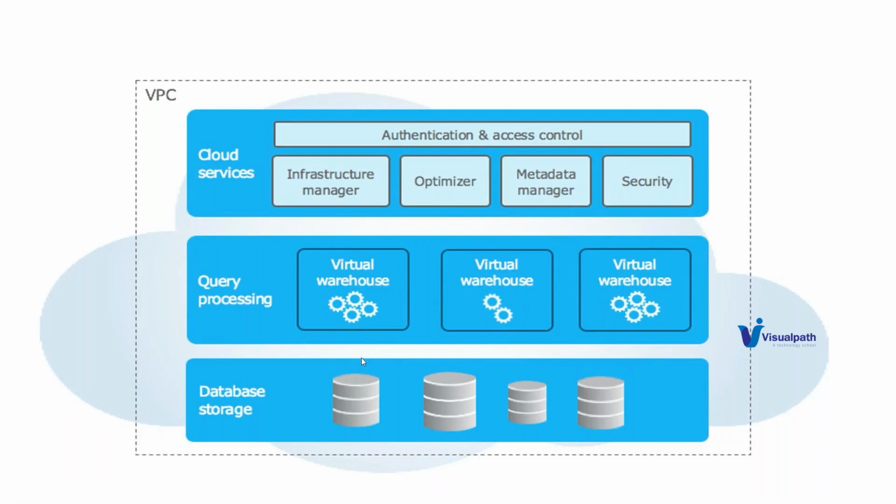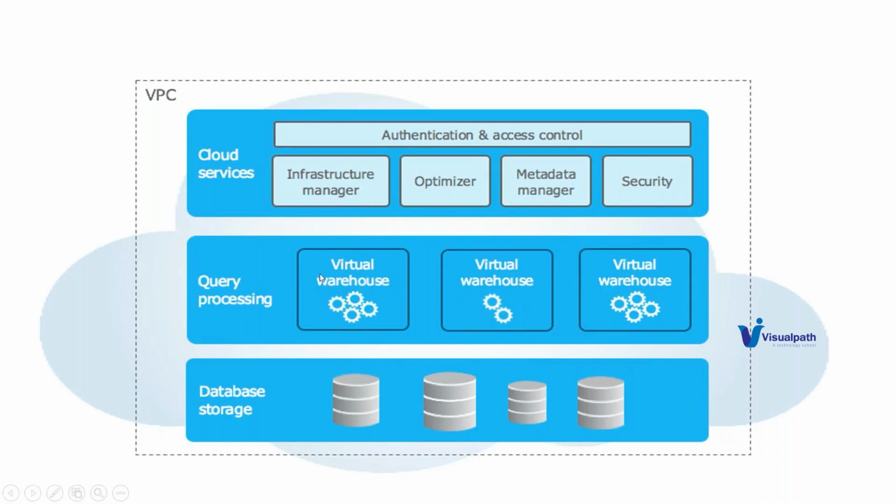Now, the query processing layer will fit in the shared nothing architecture. So the database storage layer fits in the shared disk architecture, and the query processing layer acts as a shared nothing architecture. Why shared nothing? Here we can create n number of virtual warehouses, but the compute resources are not shared between each other.